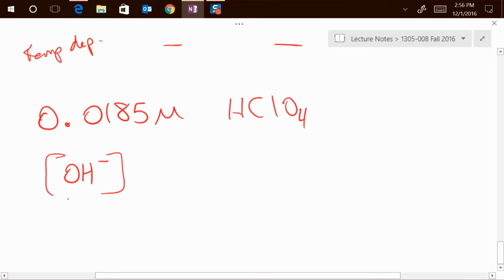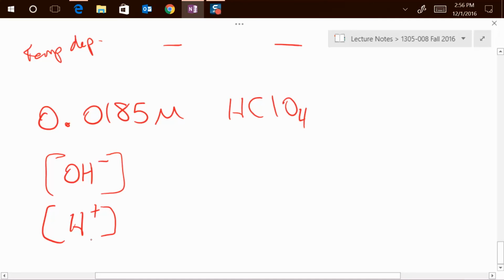1 times 10 to the -4. So, how am I going to answer this question? What information do I need? H plus. I need to know the H plus ion concentration so I can get to the OH minus.